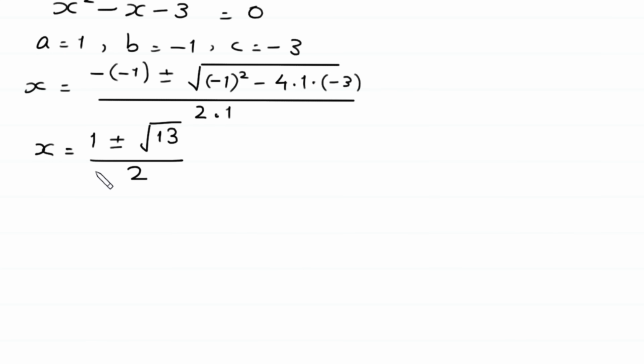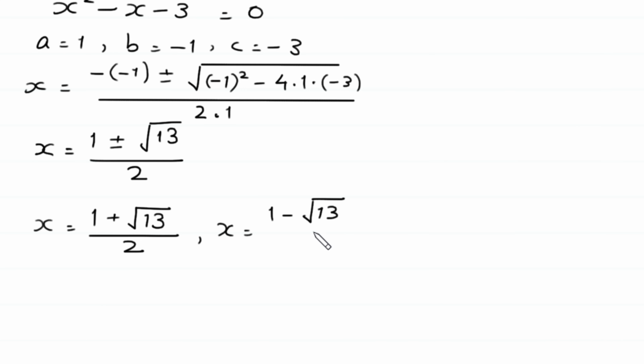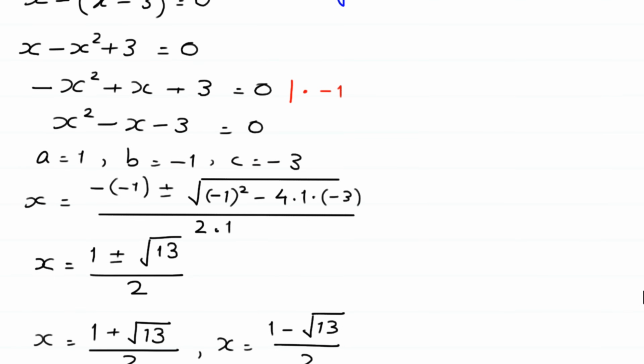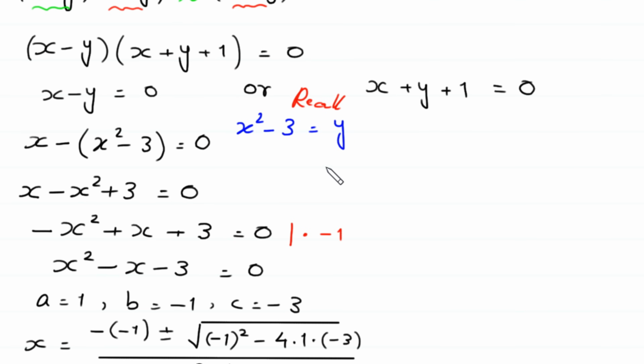So from here we get the two values of x. x is equal to 1 plus square root of 13 over 2, and x is equal to 1 minus square root of 13 over 2. And to find the other two values of x, in this equation we put the value of y, x squared minus 3.